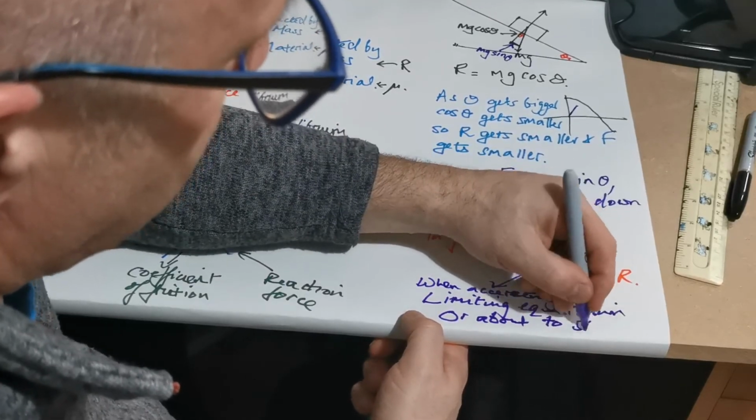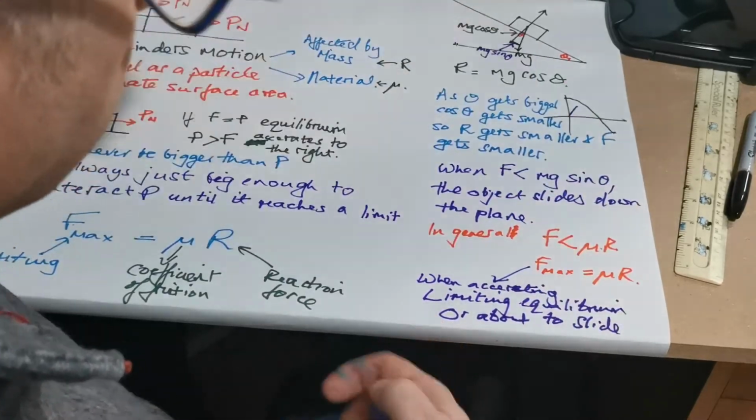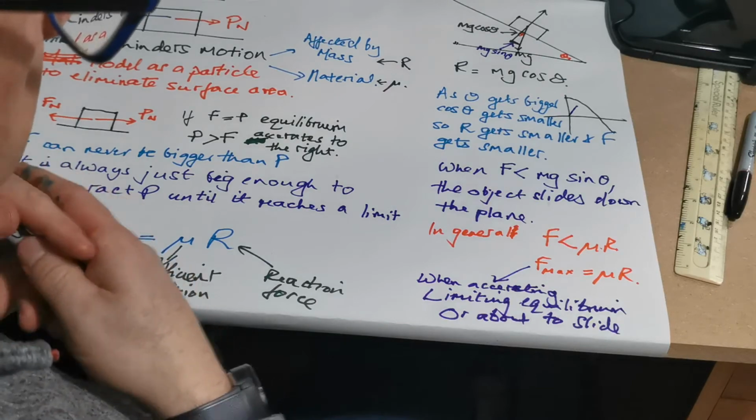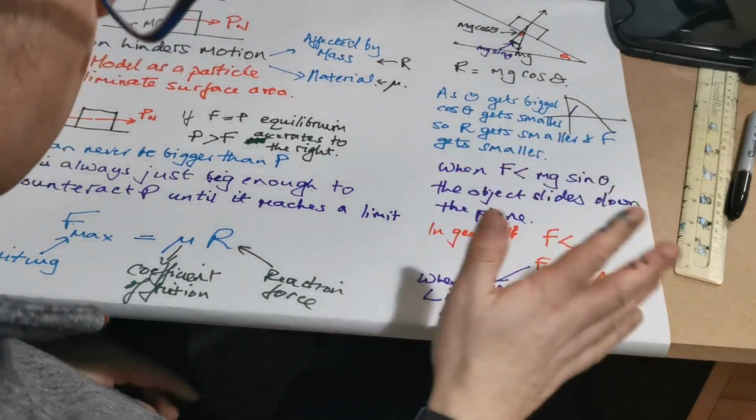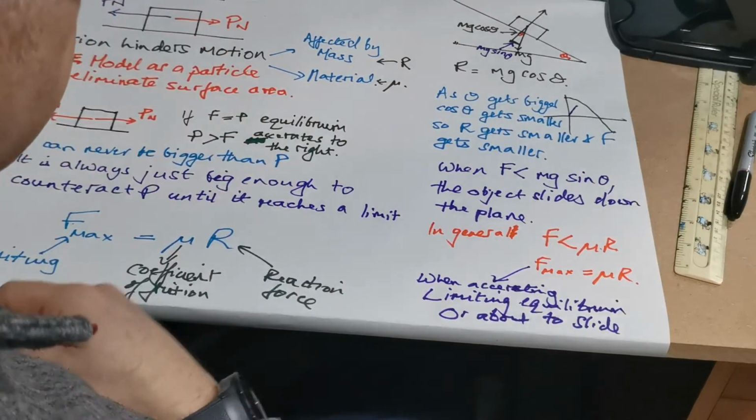They're the key words that we're looking for there. So generally we work with questions where we're looking at the maximum amount of friction available.